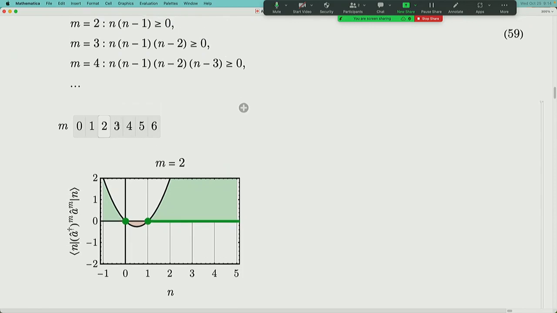Now let's look at another equation, the fourth equation, labeled by m equals 3. If we click that, we will find its curve. On the left-hand side is n times n minus 1 times n minus 2, which corresponds to a cubic curve that goes through these 3 points. This cubic curve has such a shape that it only becomes greater or equal than 0 in these green regions.